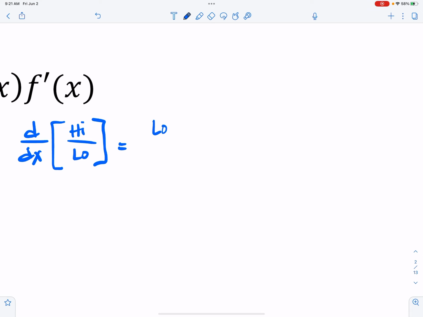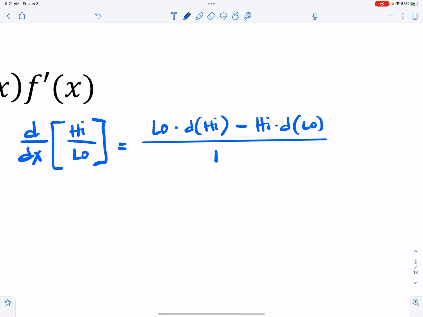So low times d high minus high d low all over low low.